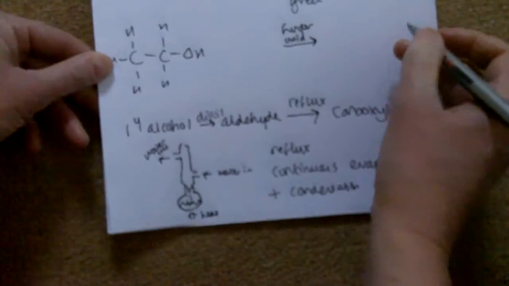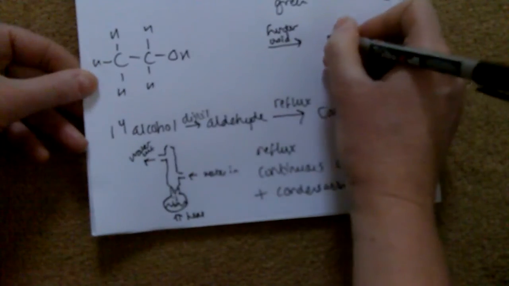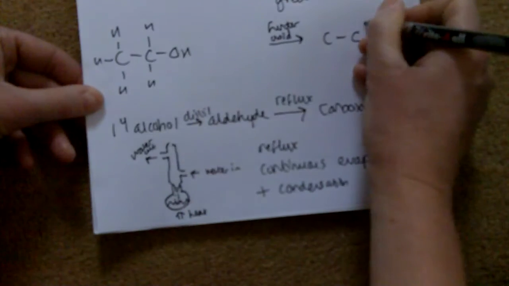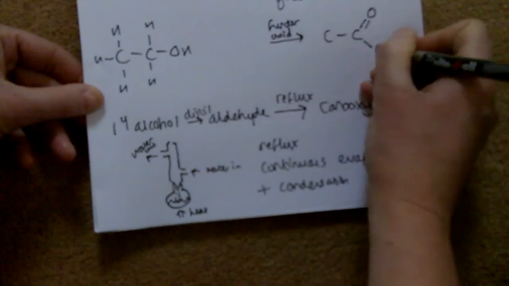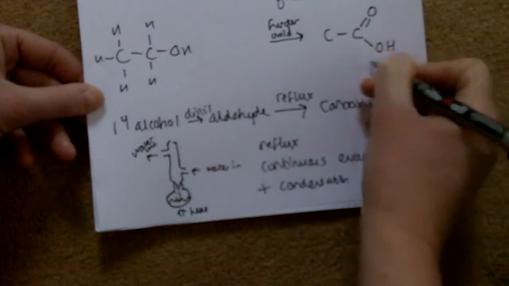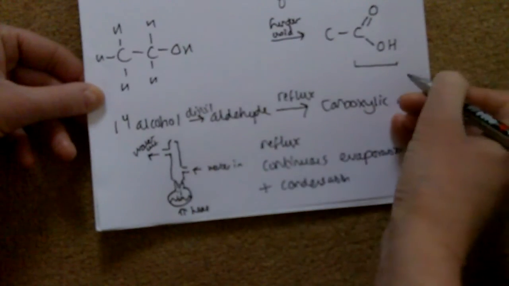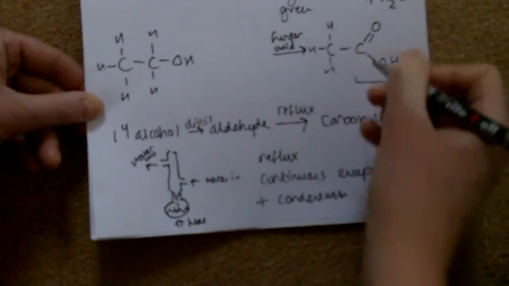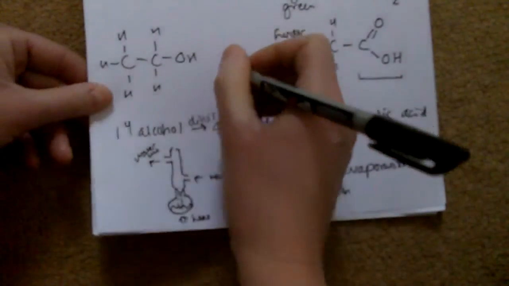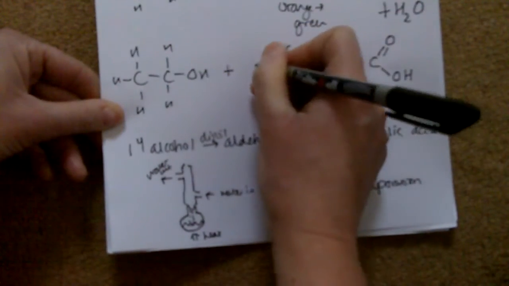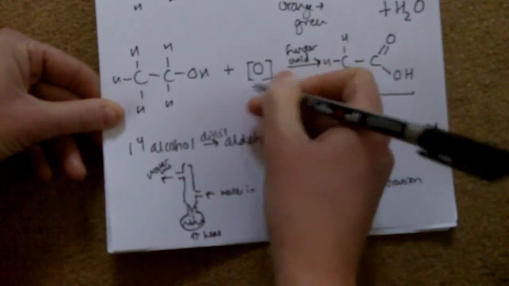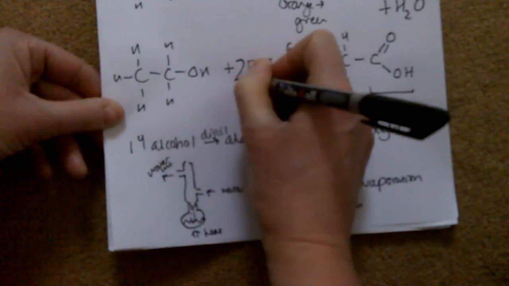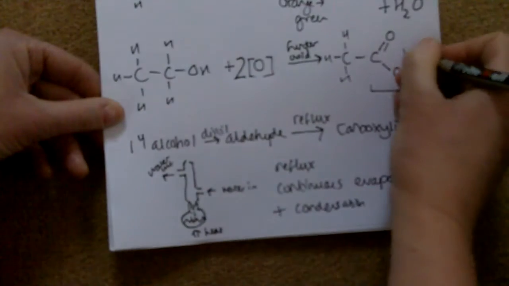Now when that happens, we turn it into, so two carbons, we have a carboxylic acid. It looks like that. Be really careful with your drawing. That's a carboxylic acid, and we need all the H's. Because we are oxidizing it twice, to an aldehyde and then to a carboxylic acid, we need 2 oxygens, and we need to balance it.